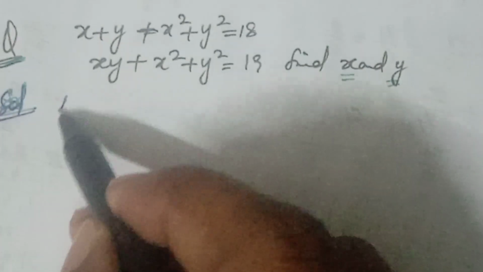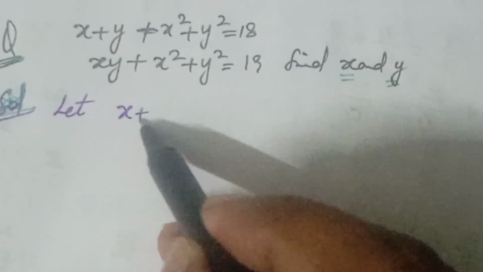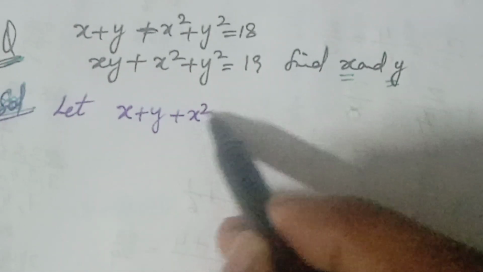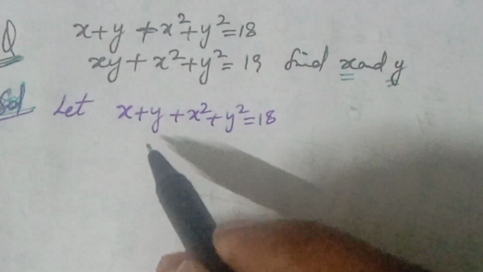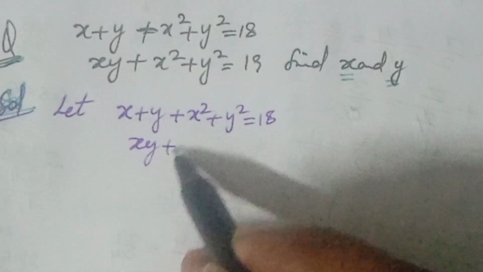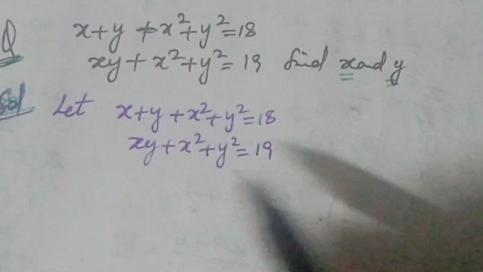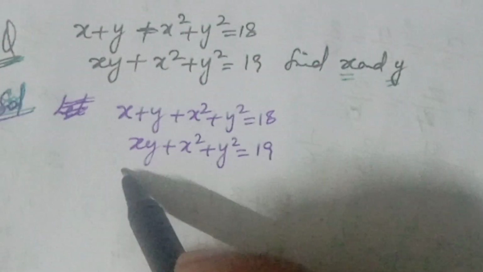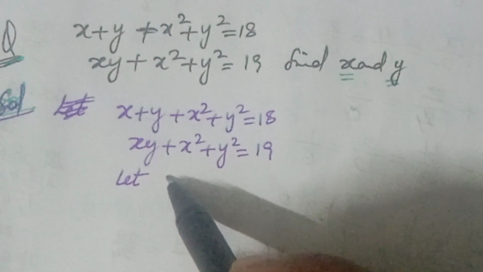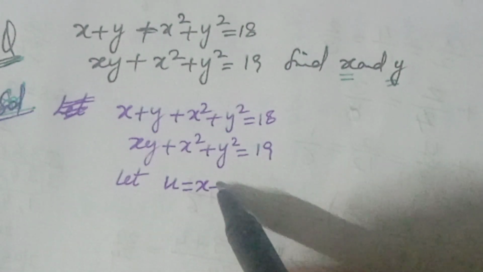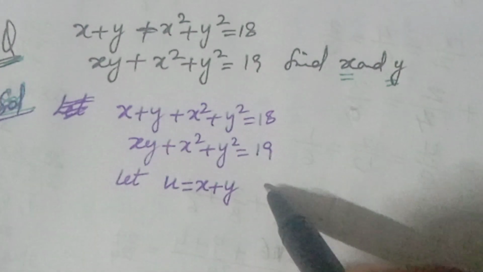So here what is given? x plus y plus x square plus y square is equal to 18, and xy plus x square y square is equal to 19. In this type of problems, you have to take u is equal to x plus y and v is equal to xy.